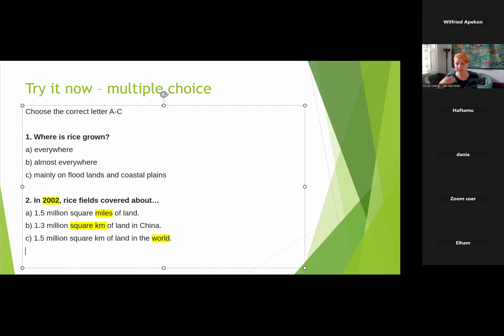So did we need to skim, scan, or read the article to know what it is going to be about? No, we didn't, even with just these two questions. We've still got lots of questions. We don't know what it's going to talk about, but we do know we need to know where rice is grown, and how much area rice fields covered in 2002.